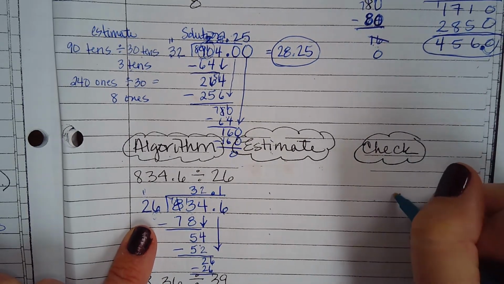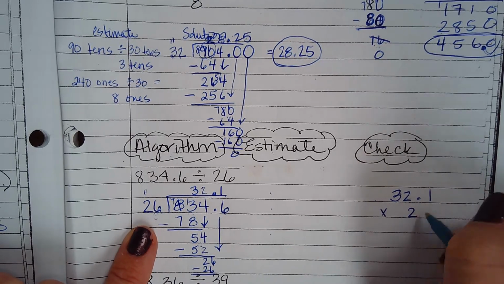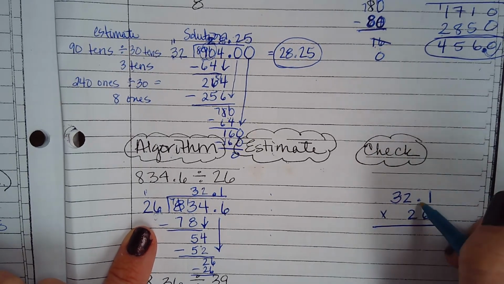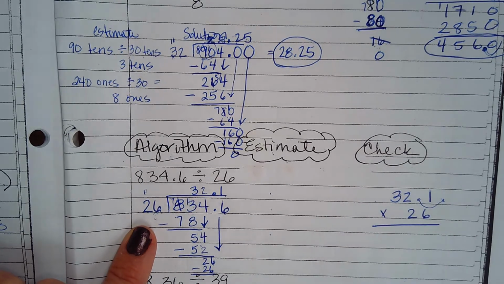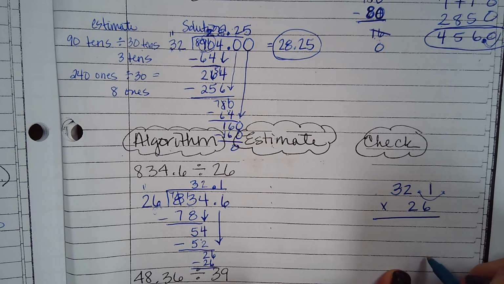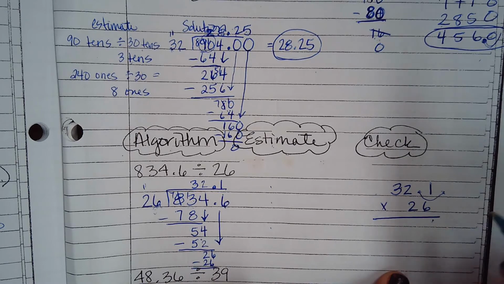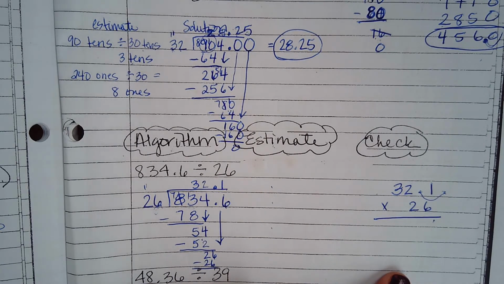And then our check is 32.1 times 26, right? Now, we're going to take that out one time and just pretend it's not there. We're going to do the multiplication, and when we come back, we're going to put that decimal right back in, correct? So why don't you try it? Show me you can do it. Show me. I do, we do, you do.